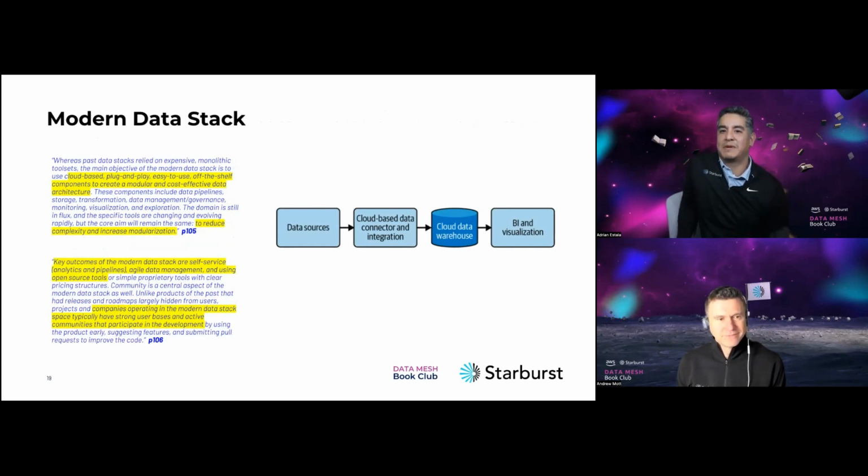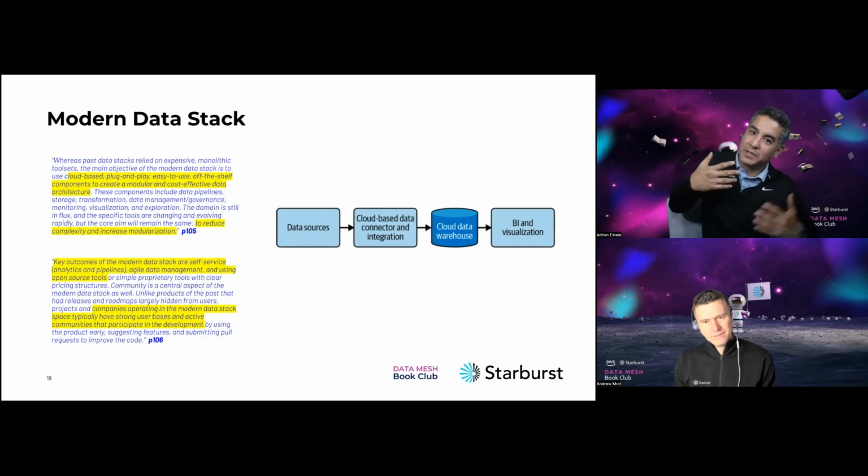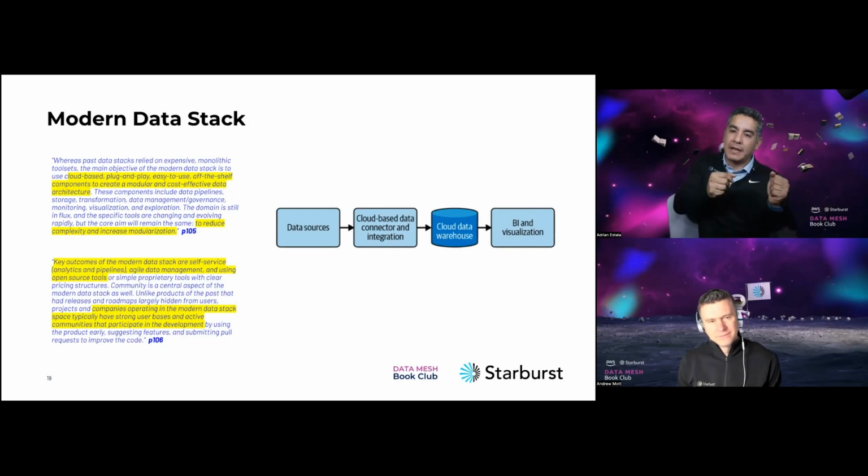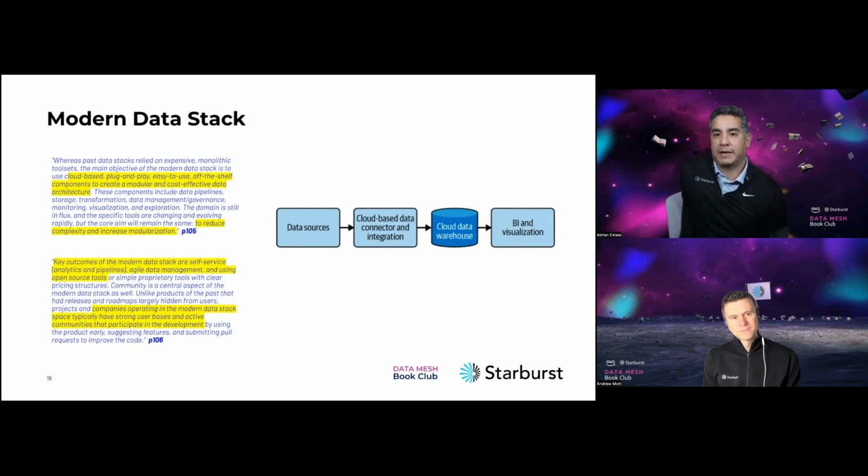I don't by any means mean to pretend that I know any better. But with a CDO lens, I was really curious to get to the chapter, and I was expecting to see a little more, but again, I think everything's in flux right now. I think you have to draw big boxes and try to explain how the big boxes interact, which they've done really well, and then sit back and let it evolve a little bit.